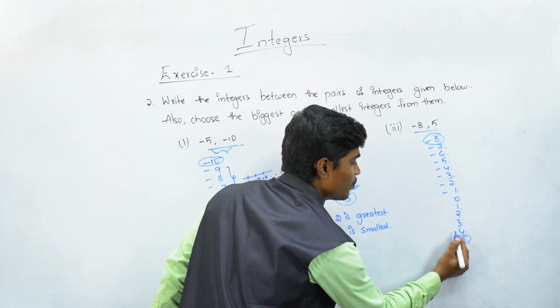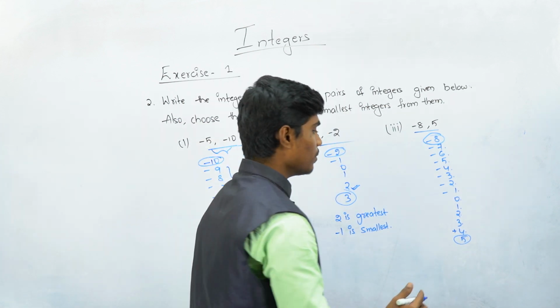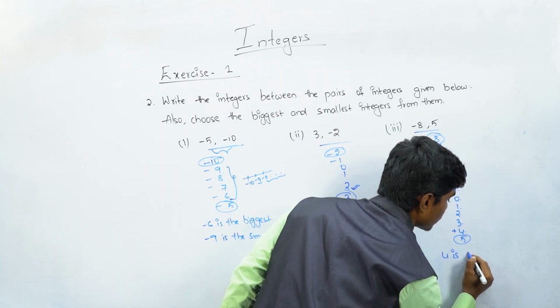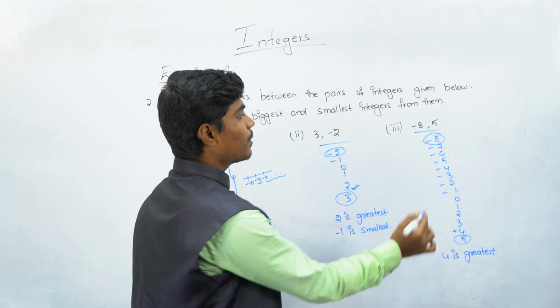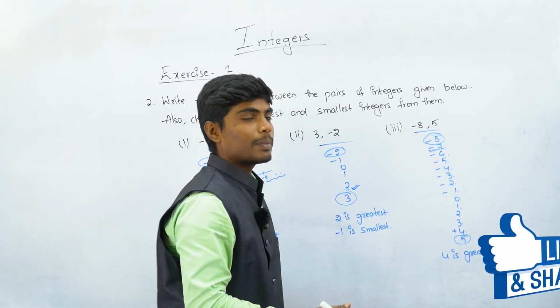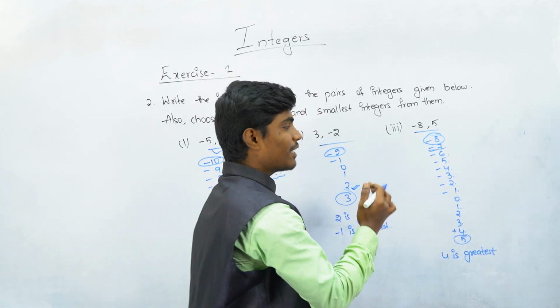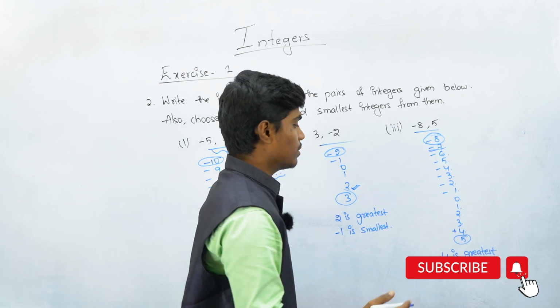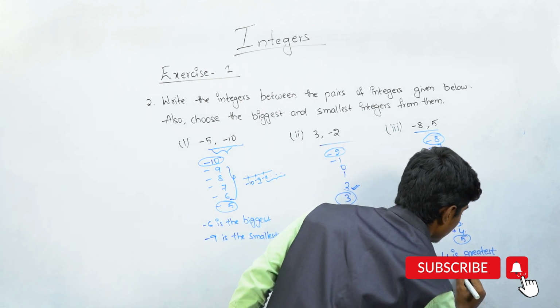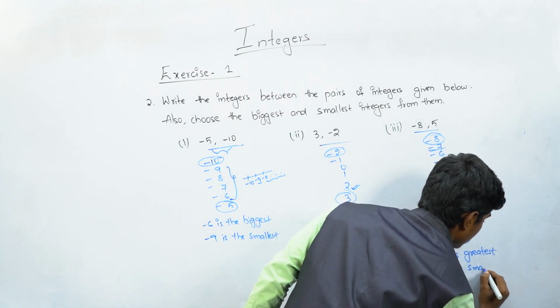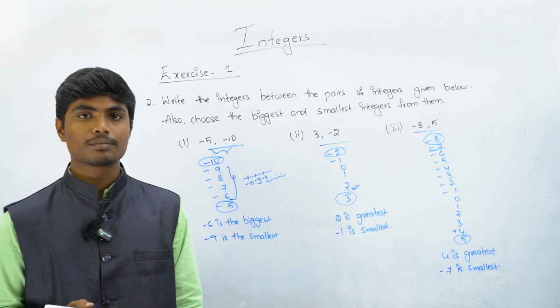Here 4 is the greatest, and -7 is the smallest because -7 lies on the left side of all the remaining integers. You can note it down if you want.